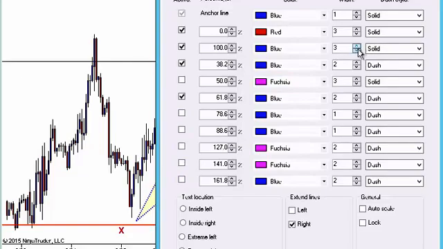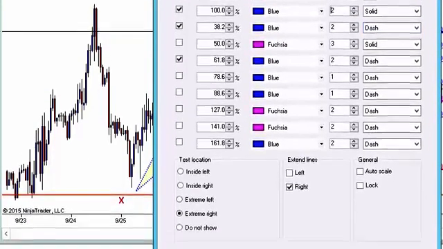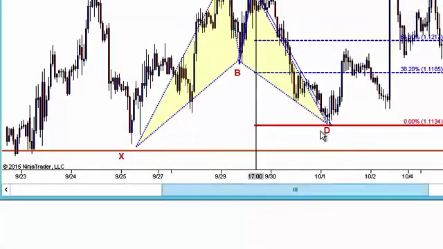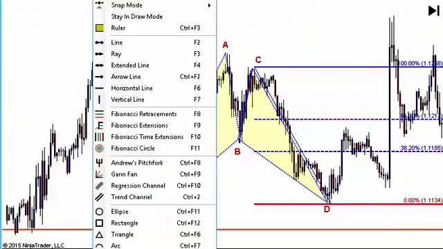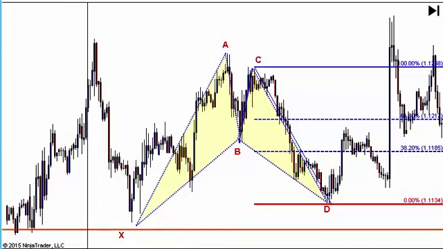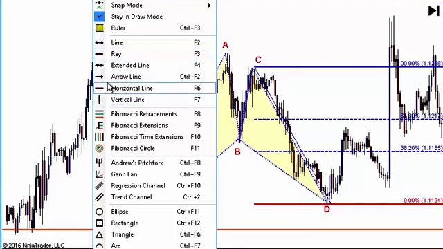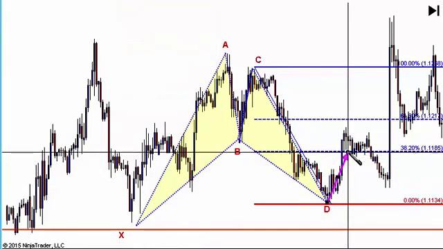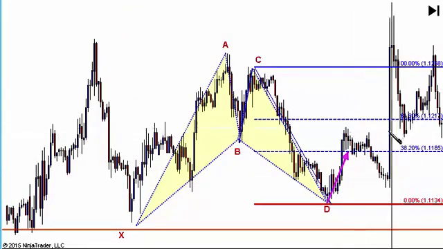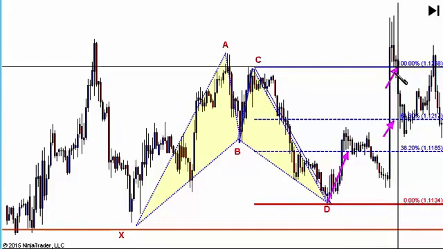And we have the 100% target. And this is what we will use for our targets for this particular pattern. So assuming that the trade was bought, your first target would be 38%, the second target is 62%, and the third target is 100%.